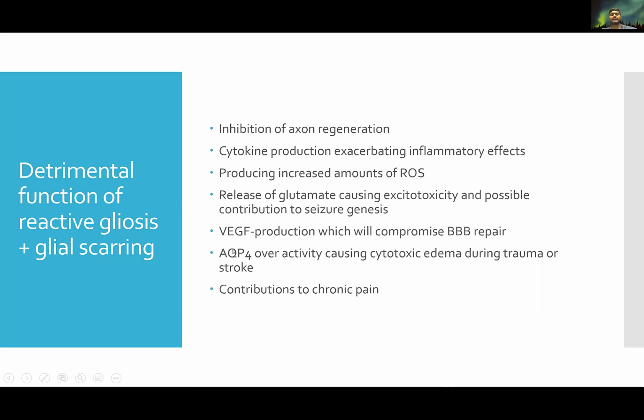Additionally, it can have overactivity of these aquaporins, which can cause cytotoxic edema during trauma or stroke, as we talked about, because it can increase the amount of water coming from the blood vessels and can cause this edema. Cytotoxic edema can also occur because the hypotonic environment will cause cell lysis. Finally, it can also contribute to chronic pain.